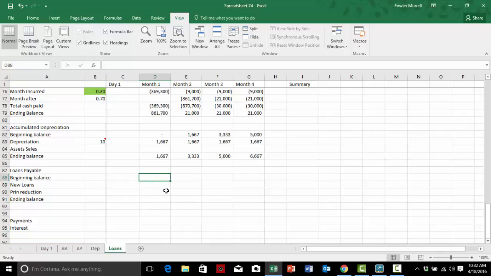Okay. So our beginning balance. Well, first of all, we need some variables, right? So variables will be the loan term and the interest rate, right? So our loan term is 10 years, and the interest rate is 10%.